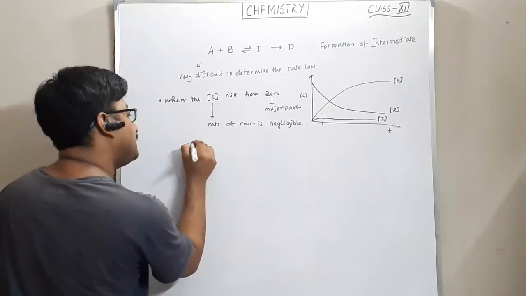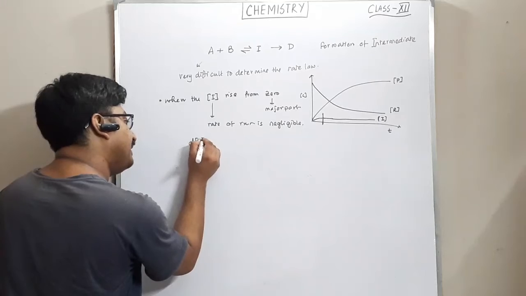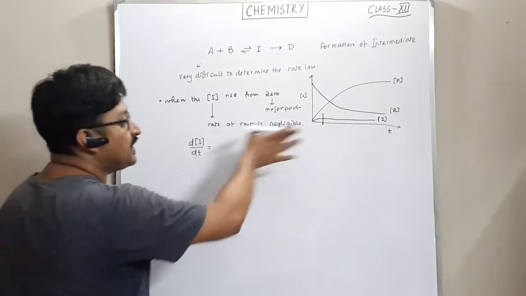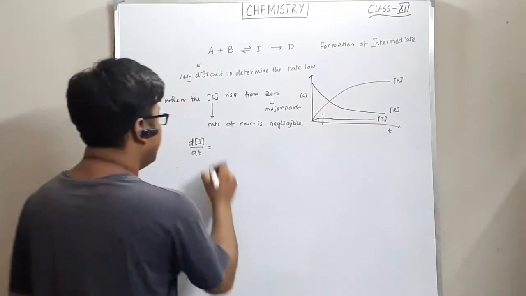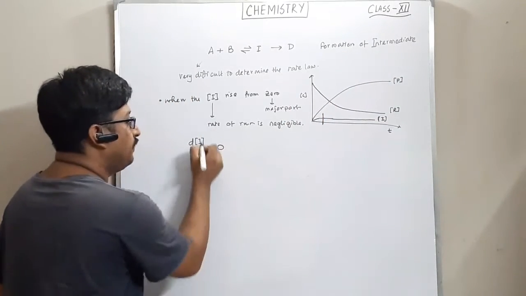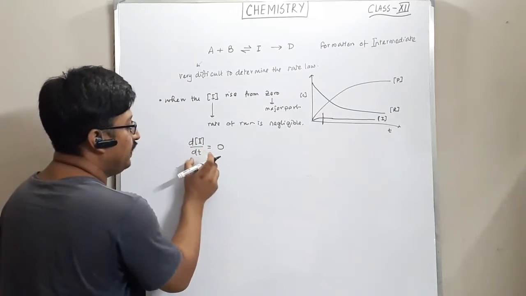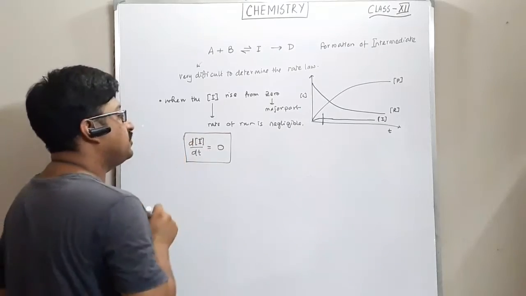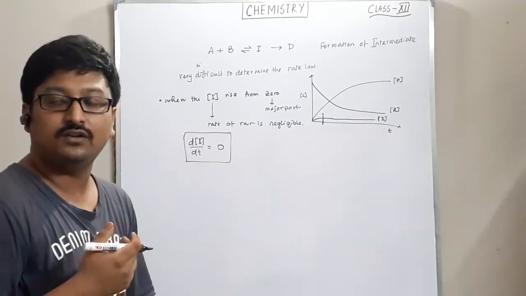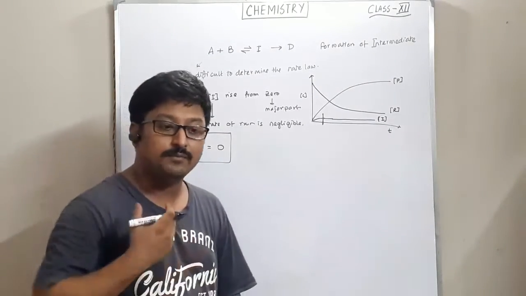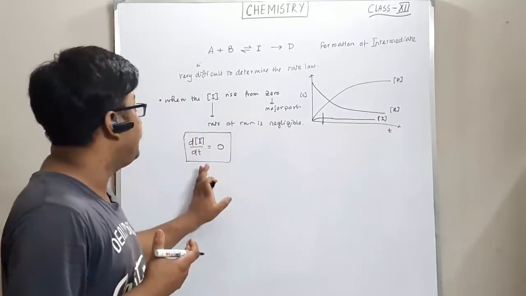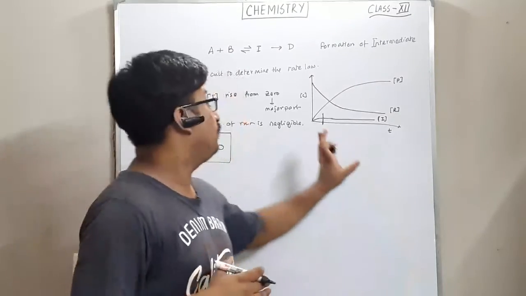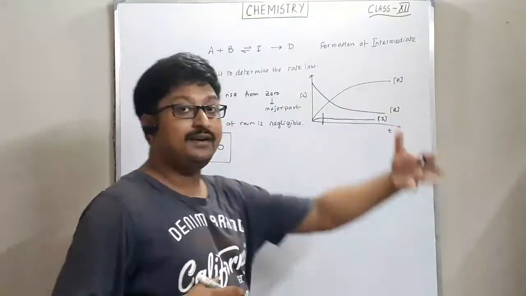So what we can say from here is that d[I]/dt, since it is almost constant during the rest of the course of the reaction, is equal to 0, because the derivative of any constant is 0. So the rate of change of the concentration of the intermediate with respect to time is 0. That means this intermediate has no effect on the rate equation, and now you can easily calculate the rate equation.